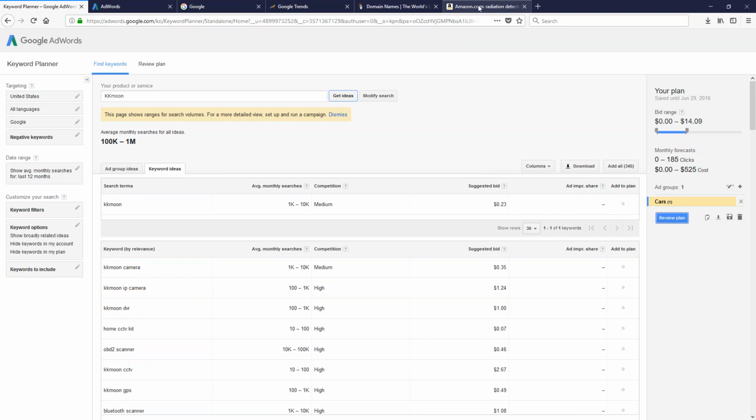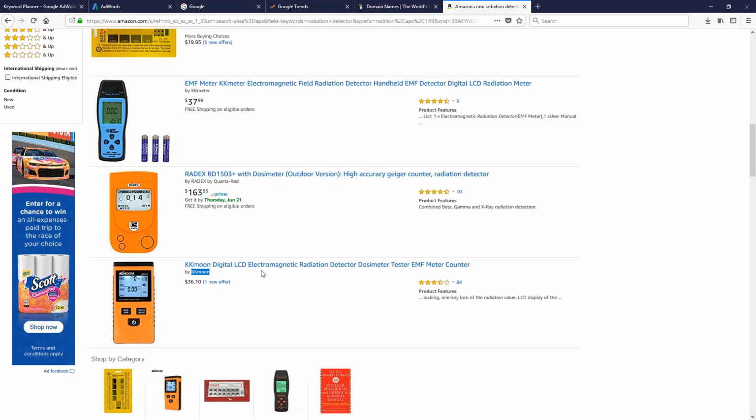So this would be one of those brands that may potentially be a good brand to target, but I need to find out how I can tap into traffic for this brand for this specific product or for the type of product that this is. So this is a digital LCD electromagnetic radiation detector. We have a few other words here that I can use. EMF might be a good one to try out.